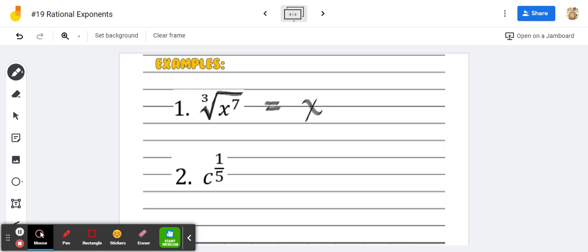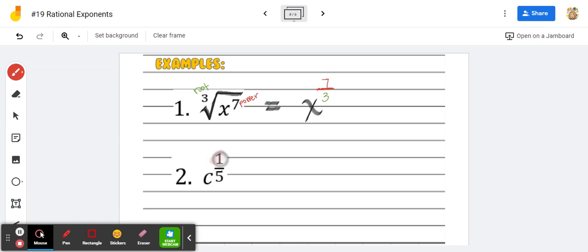Our power comes from inside the root. So 7 will be the top part of our fraction exponent. And then the root value, the cube root, will go as the bottom part of the fraction exponent. So our answer is a base of x to the power of 7 divided by 3.